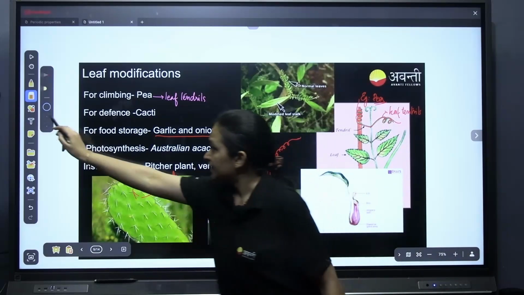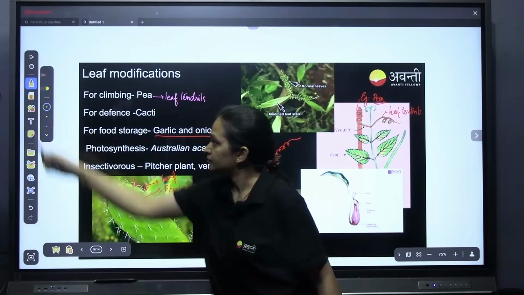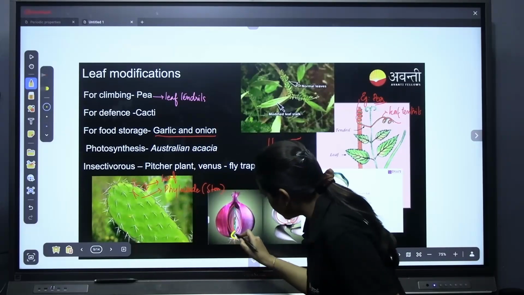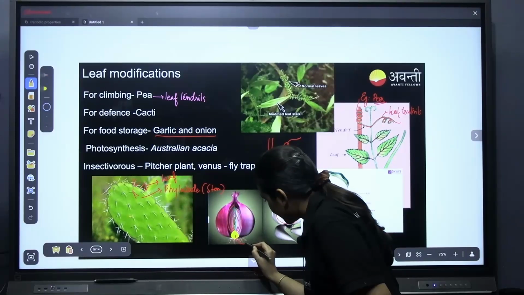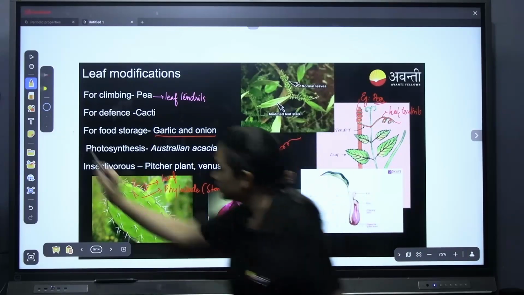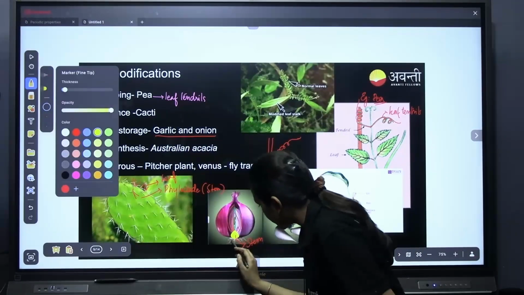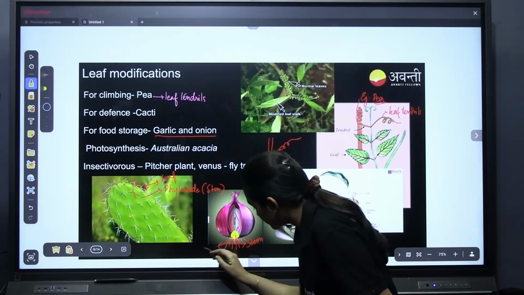And this particular thing here is a condensed stem. If you see this white part down here, this is actually the stem. Condensed, stem is very much condensed, and this particular thing, if you see here, this one is a root, this is a root.